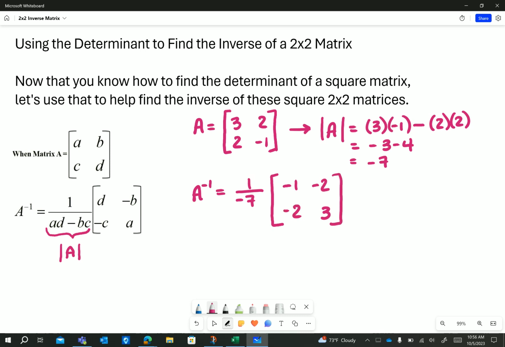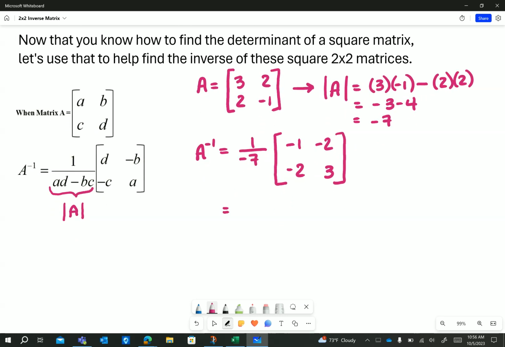That's my new matrix. And now I'm going to take this scale factor and distribute it to every single one of those elements. So the answer will become positive 1/7, positive 2/7, positive 2/7, and negative 3/7.